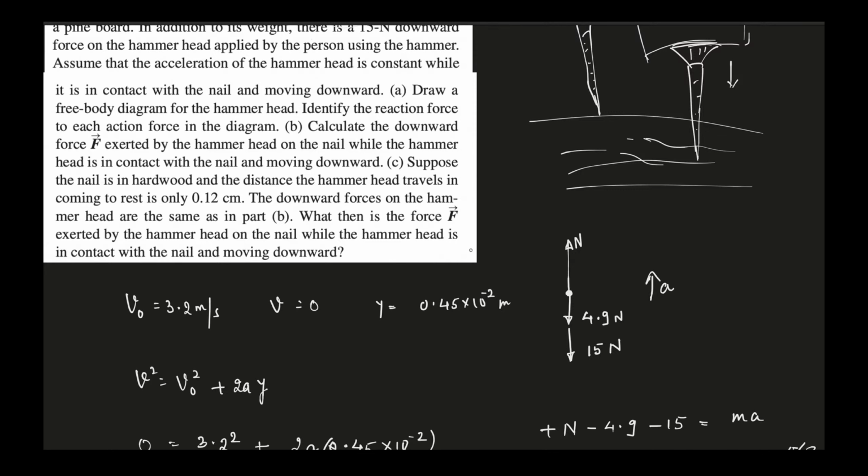This is the reaction force on the hammer by the nail, which I will write as HN. If you draw the free body diagram of the nail, then there will be an equal and opposite force working on the nail.